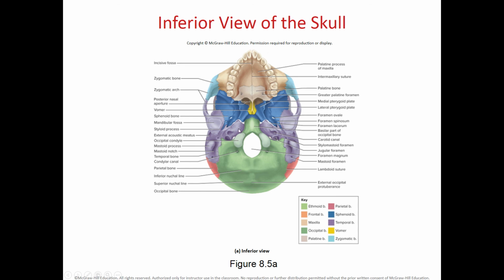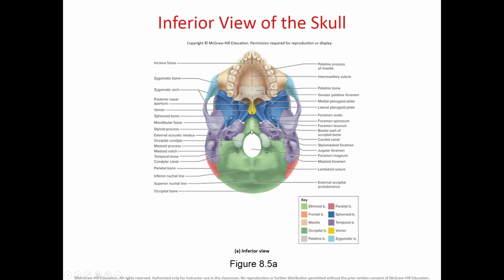Also, you can see here the other parts of the temporal bone, which is the mastoid process and the jugular foramen, and this structure in here anterior to the jugular foramen that is called the carotid canal. So the internal carotid artery passes through this carotid canal, and the jugular foramen allows the exit of the jugular vein.